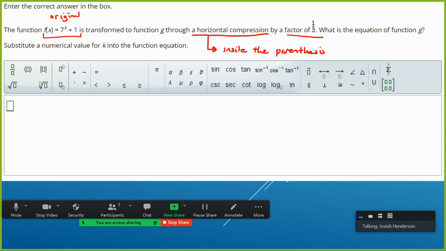And that means for us with the x, not to the whole f of x, but just with the x. Another thing we have to remember for the horizontal changes, anything that's with the x, we don't do it at face value. We multiply it by the reciprocal, by the opposite of what it looks like.